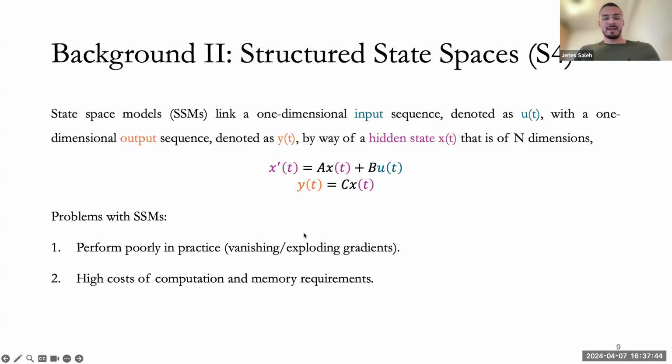And intuitively speaking, one explanation could be that, first of all, for the linear first order differential equations, the solution is some linear combination of exponential terms, e to the power of the eigenvalue times t. Now, as t tends to infinity, this term can either go to 0 if the eigenvalue is negative, or go to infinity if the eigenvalue is positive. So this would cause the vanishing or exploding gradients problem.